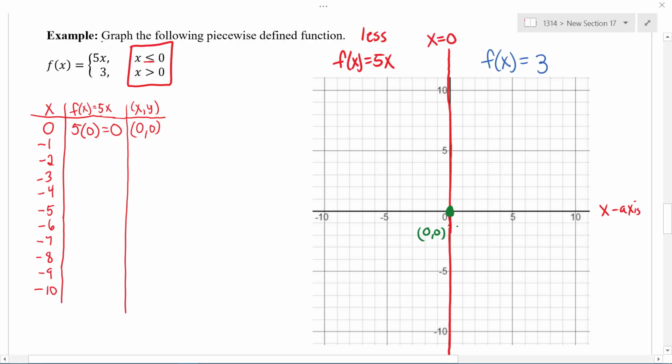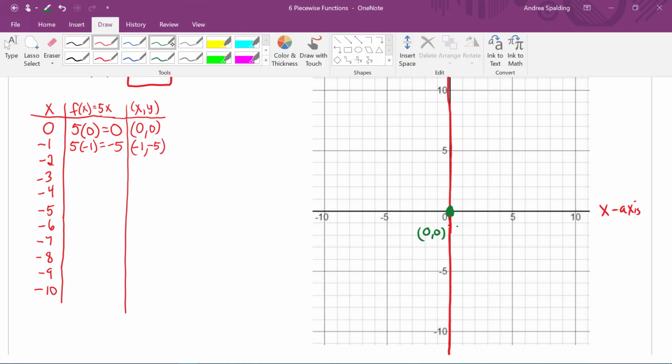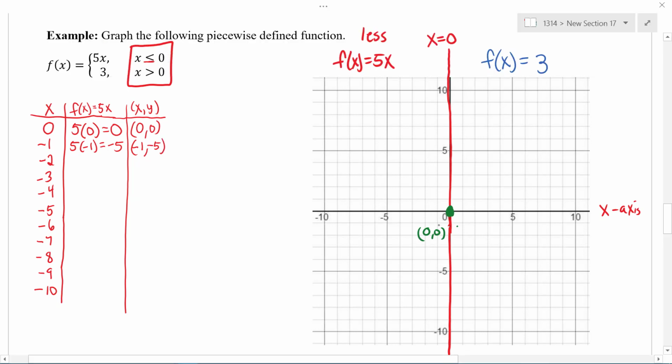Let's plug in a -1. That's 5 times an x value of -1, and that gives us -5. So the point that I'm going to plot is -1, -5. So -1, -5 is here. I'm going to plot that point and label it so you can see what I just plotted.